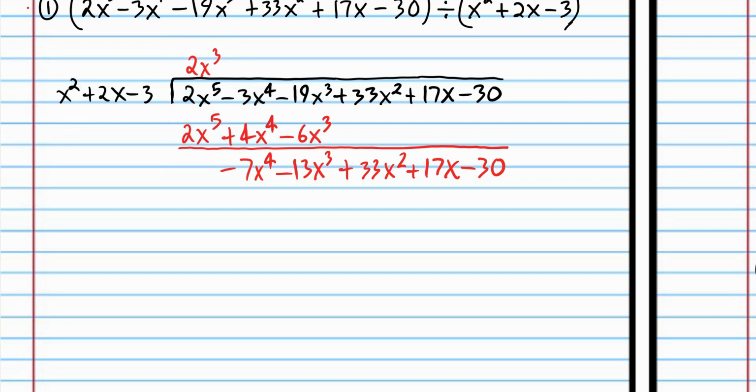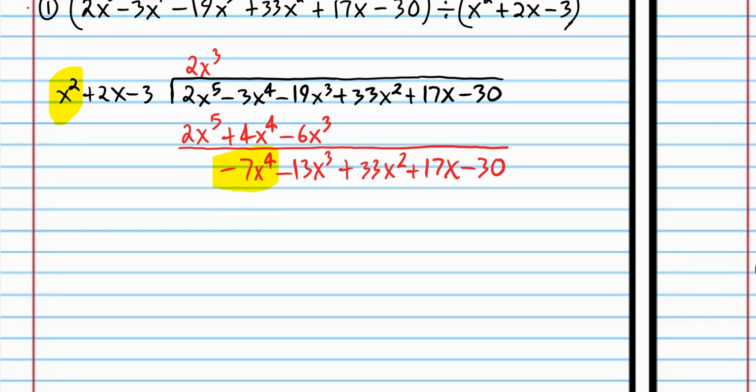It's the same 3 steps every single time. So let's keep going here. We finished with cycle 1. Now on to cycle 2. We're going to ask again, what do you multiply the first term in the divisor by to get to the first term in this remainder down here?